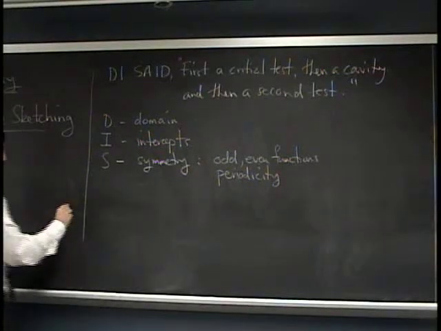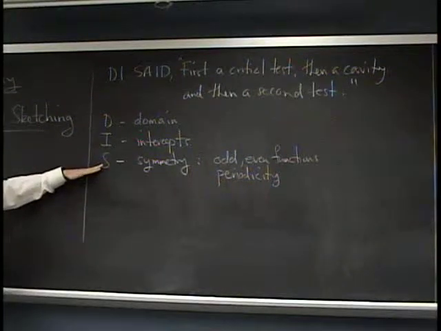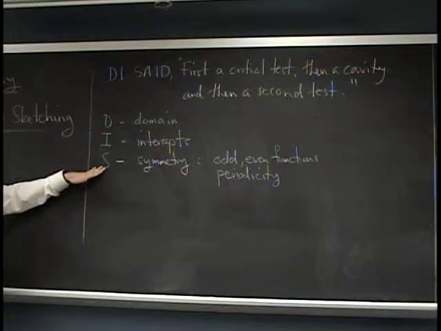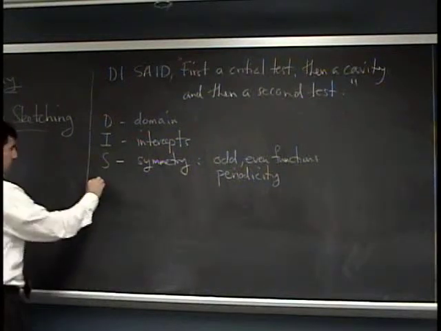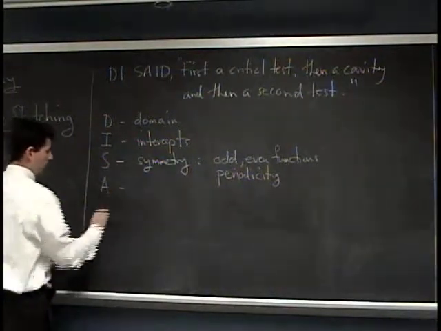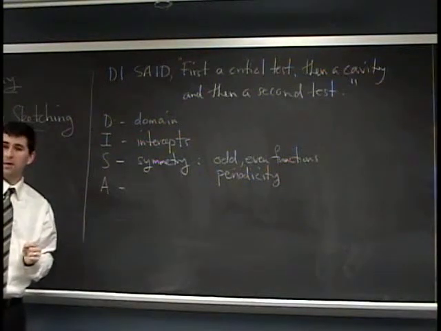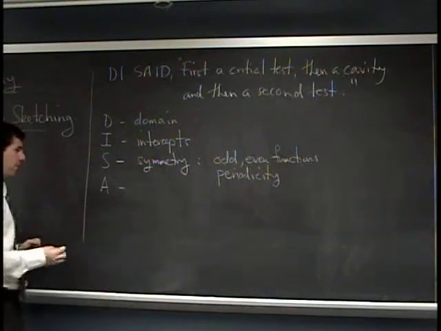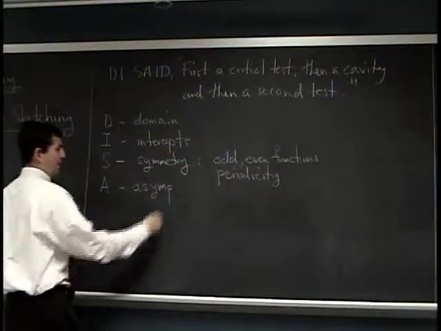And so you see these first 3 have nothing to do with calculus. These are all things that you've known before you walked into this class, at least in principle. The next one, you probably at least saw this before, but you never really had an effective way of finding it. And so the A stands for asymptotes.